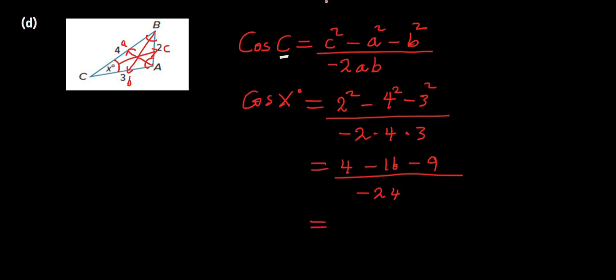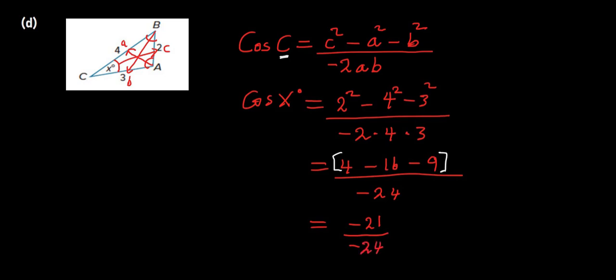Now if we calculate the numerator, 4 minus 25 is going to give us negative 21. So we have negative 21 as the numerator over negative 24.